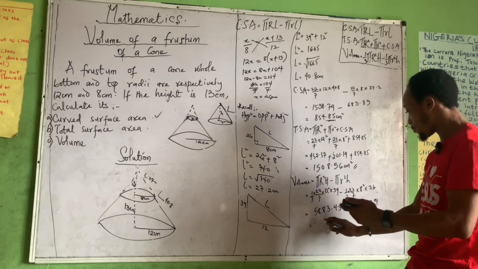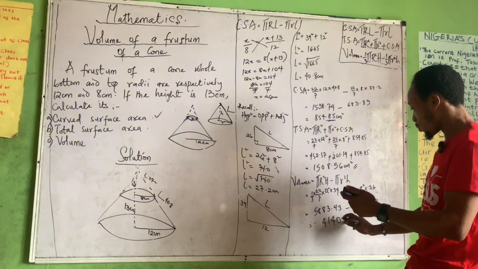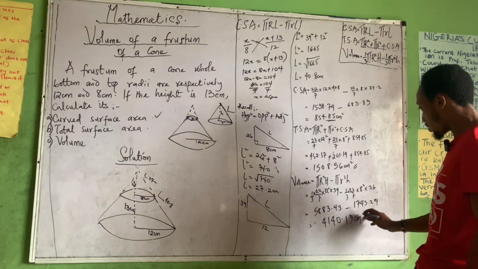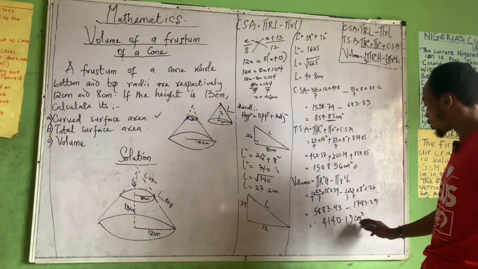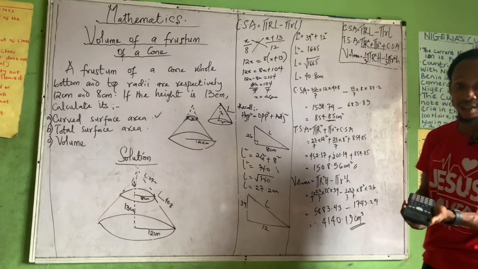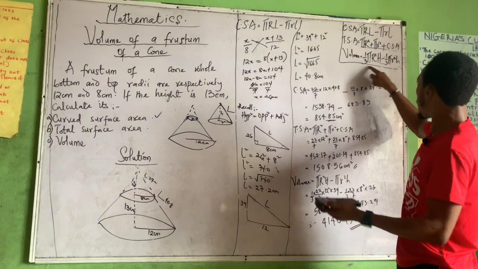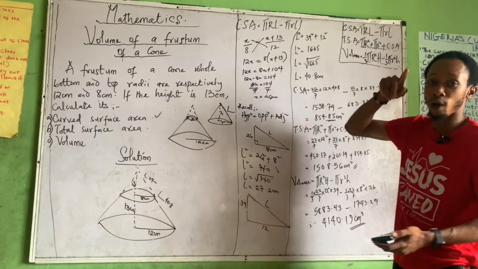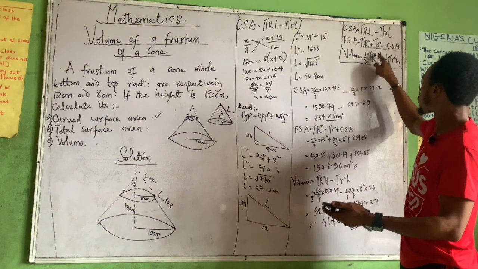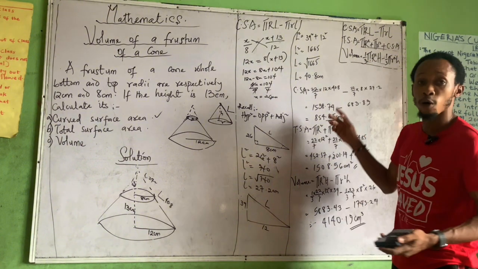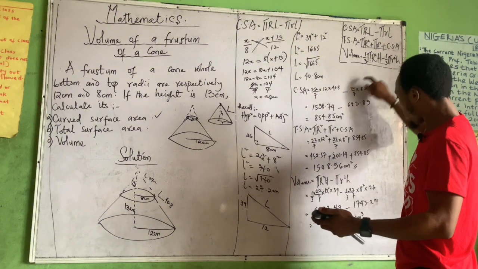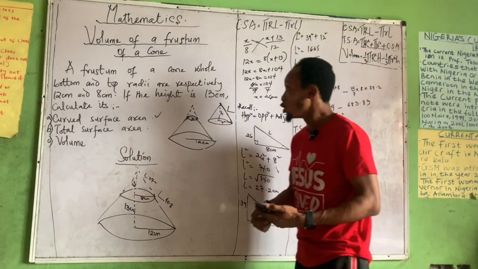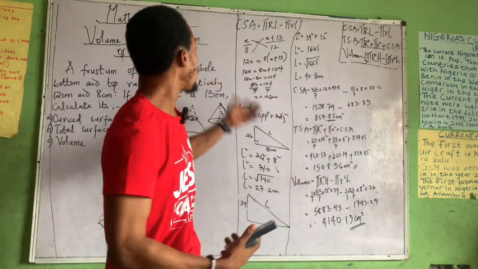Okay, so you have 4140.19 centimeter. Now volume is measured in cube, so it is centimeter cube. So sorry for the formula. It's supposed to be 1/3. Remember, 1/3 pi r square h, that's the formula for calculating the volume of a cone. So just minus it from the bigger and then from the smaller. So that is all about volume of a frustum.